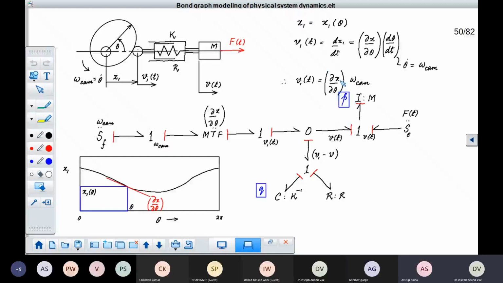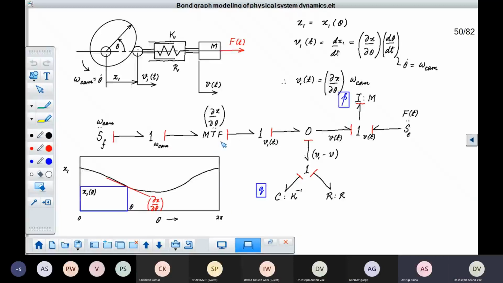You see, this is actually the slope. And this slope is going to be different at different angles. So depending upon the angle that is turned at that particular instant of time, you will get a value of the slope that will have to be multiplied. That means this is going to be a transformer, but this transformer is going to change because with angle, the slope is going to change.